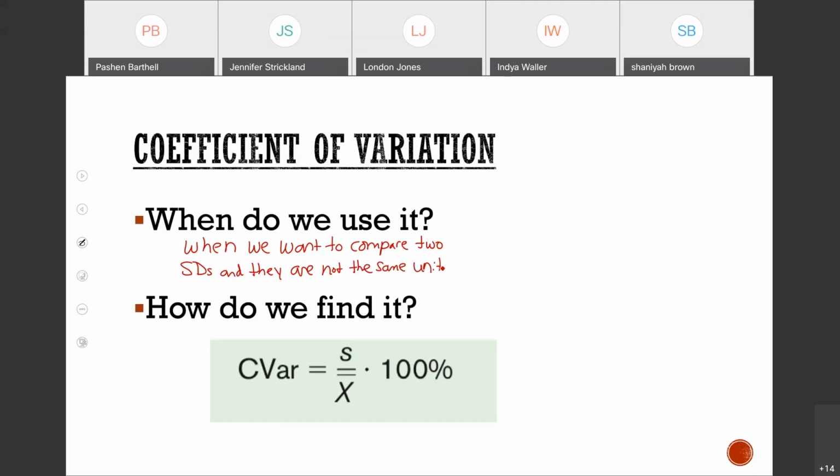That formula has an S on the top, an X bar on the bottom, and it's multiplied by 100. We need to think about what those symbols in the formula stand for.